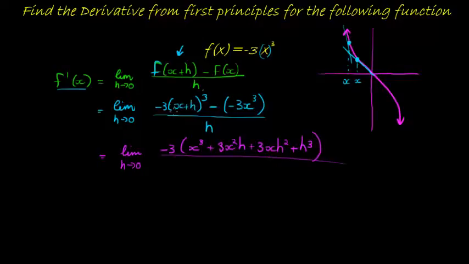So how did I get that? Well, you have three brackets that you multiply out, x plus h, x plus h, x plus h. Multiply out the first two, you get x squared plus 2xh plus h squared, and then everything in here has to be multiplied with an x and with a plus h.